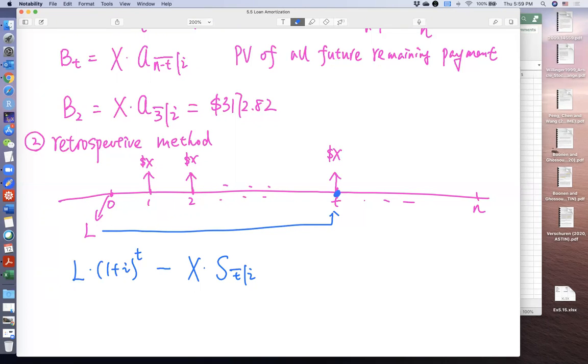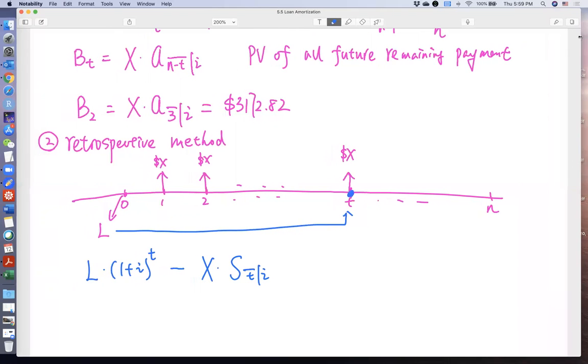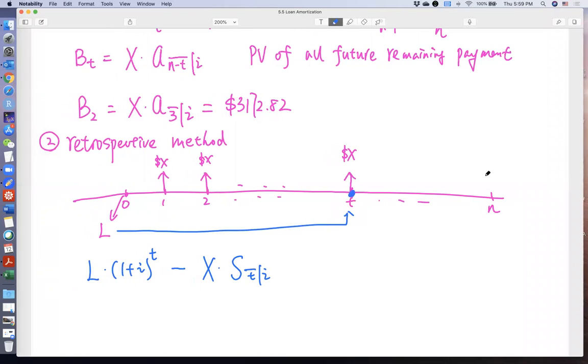In the prospective method, I look into the future. I want to know what would be the present value of the remaining payments. In the second method, I use the loan amount minus what has already been paid. So those are the two methods we have down here. It's really up to you which method you would like to use. Whatever works for you is fine.